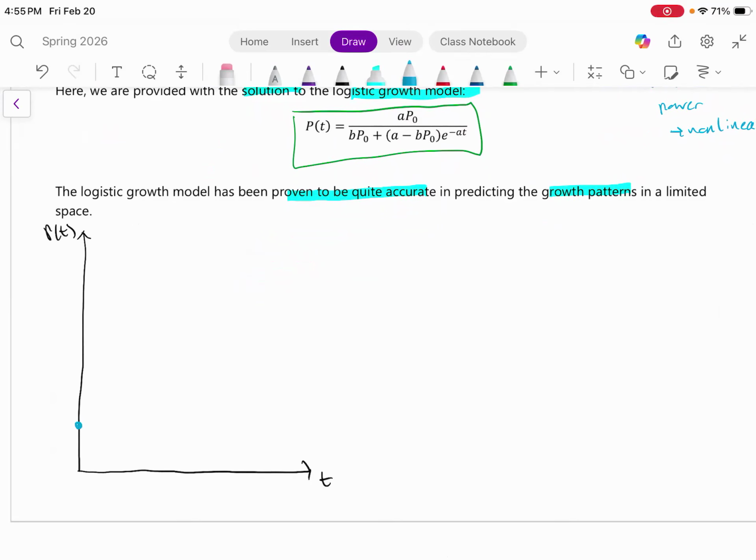Here we would have our initial population, what's called a/2b, our inflection point, and a carrying capacity of a/b. Essentially, our population is exponential at first, but then it hits an inflection point at population a/2b, and then it starts to tail off towards our carrying capacity.